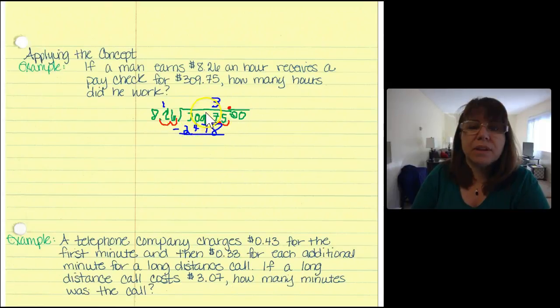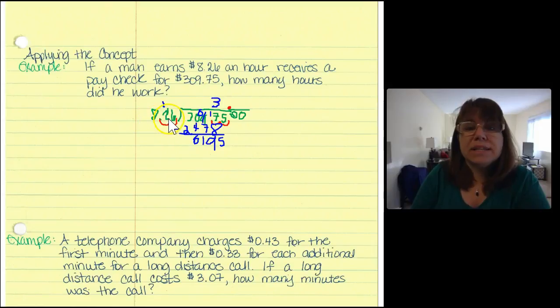Subtract. Need to borrow. 17 minus 8 is 9. Oops, that was a big 9. 8 minus 7 is 1, and 30 minus 24 is 6.